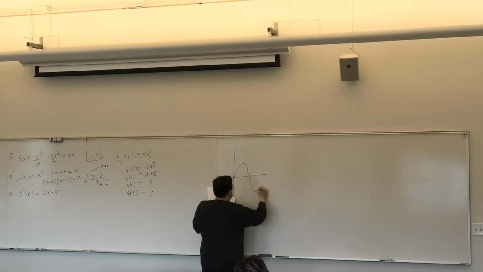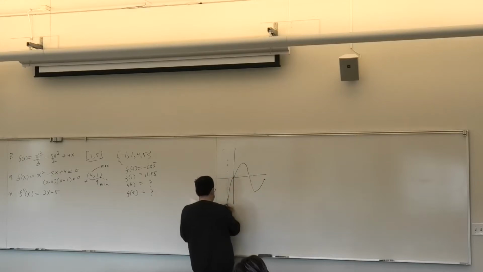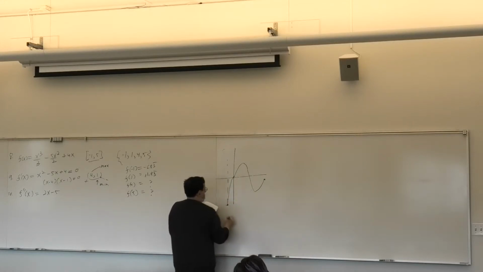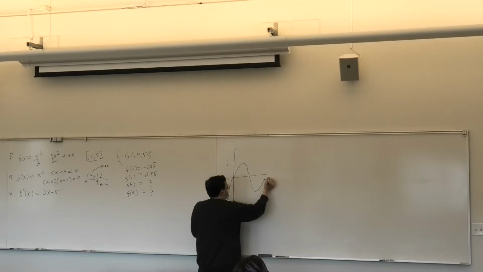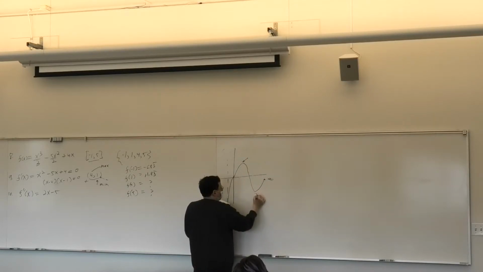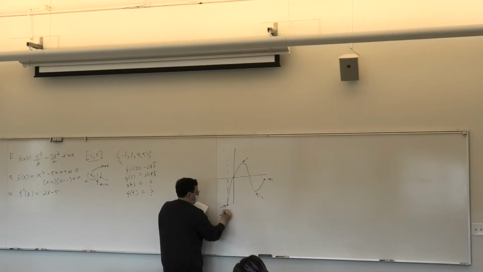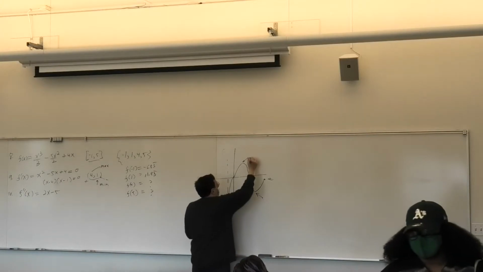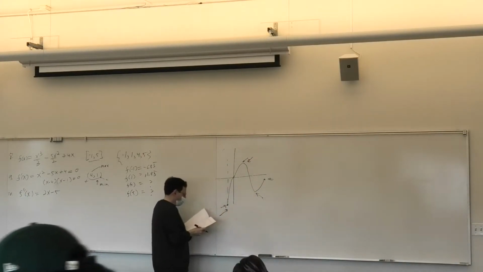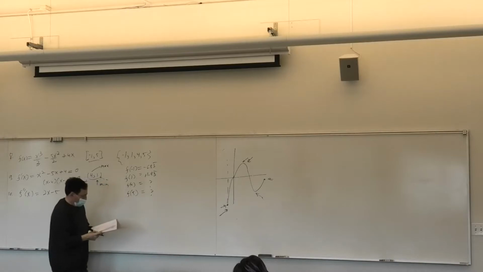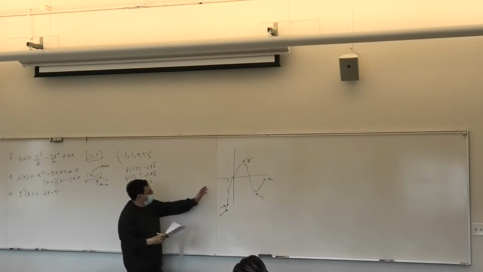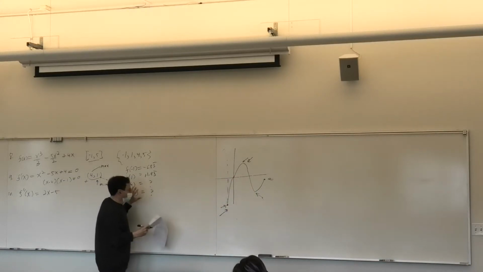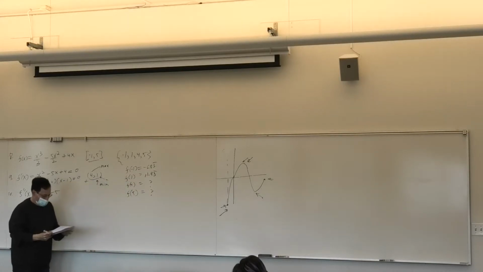Comes down here and then stops. And this was an endpoint, this was an endpoint, local max, local min, absolute min, absolute max. Well, you just look at this diagram and you can already see what's going on.